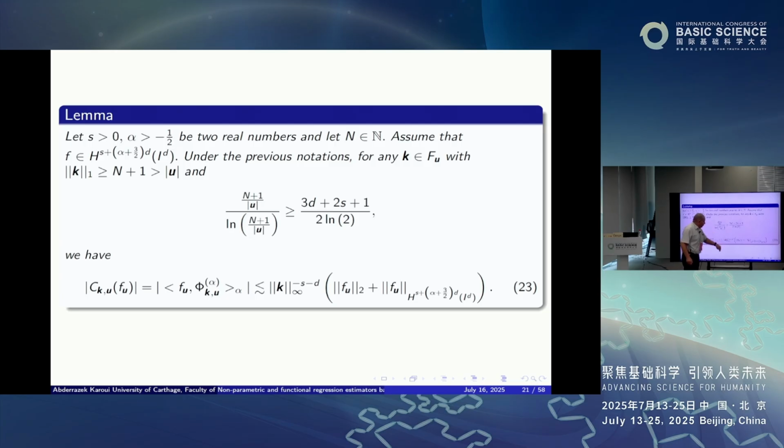This is the order of the decay of each component from the ANOVA decomposition of our functions. To prove these results, we have used techniques from approximation theory and Fourier analysis. If you want to prove that your estimator is theoretically good, you have to use tools from other areas.